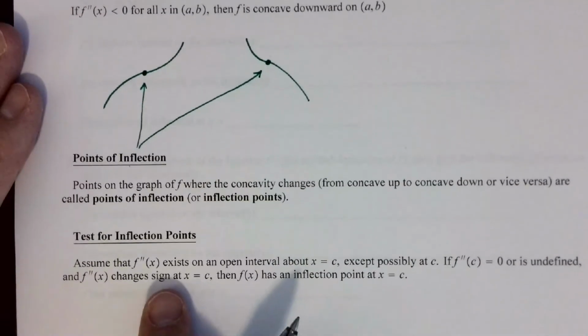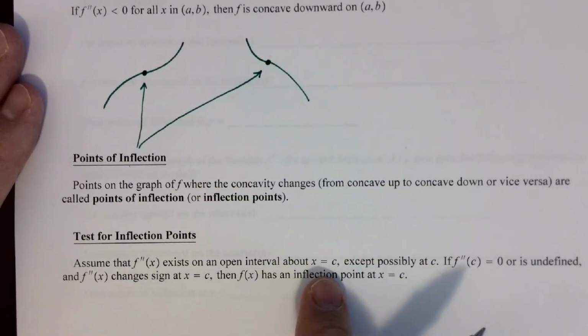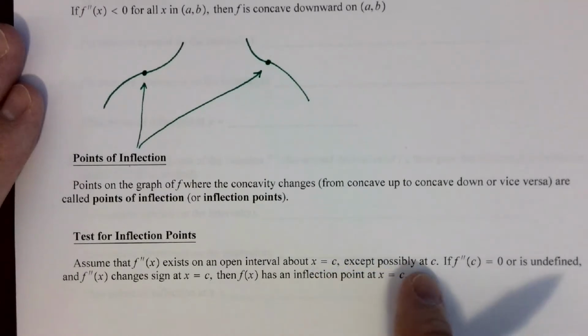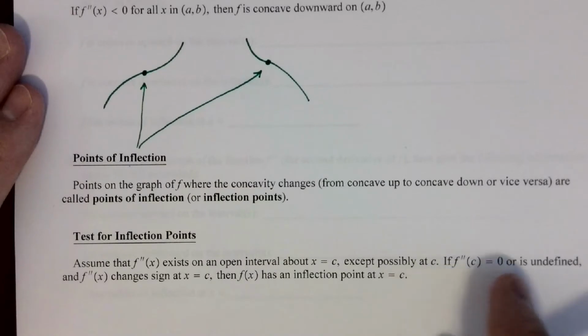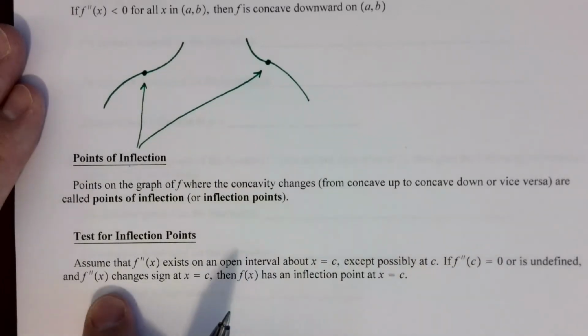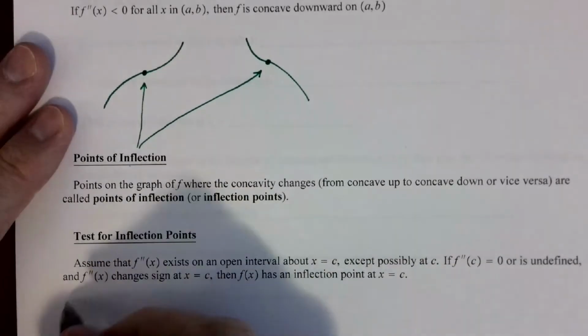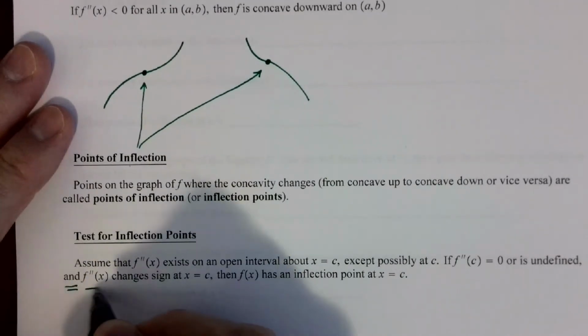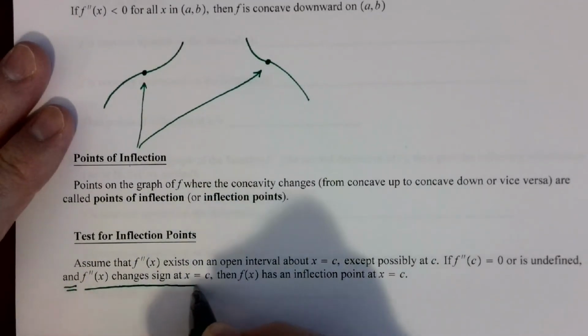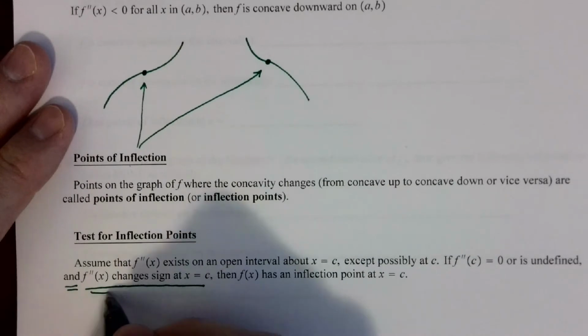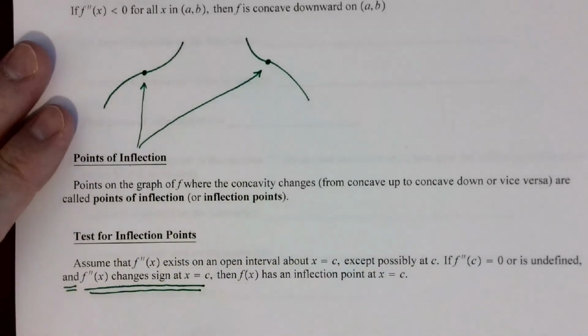So if f double prime exists on the open interval about x equals c, except possibly at c, so we could have that the second derivative doesn't exist at c, but if that second derivative is 0 or undefined, and, real important here, f double prime changes sign at x equals c, so it must change sign, then f of x has an inflection point at x equals c.